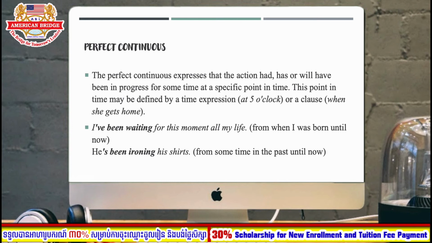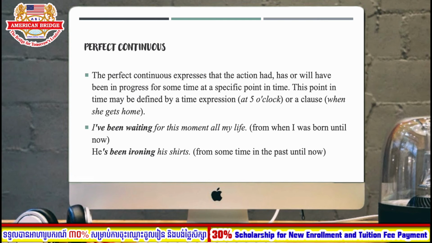The time does not really matter, because when we talk about past time, we emphasize the action that happened in the past. When we talk about present time, whether it is present simple, present perfect, present continuous, we emphasize the action that happened in the present time. But when we talk about the perfect continuous aspect, we emphasize the action.